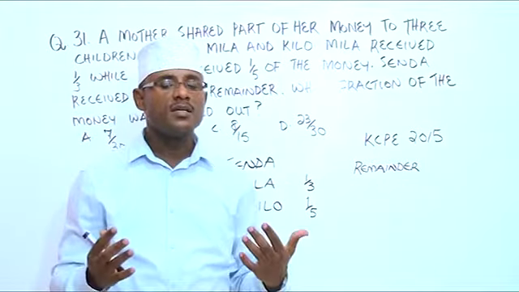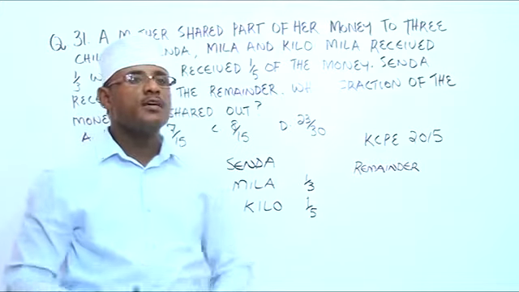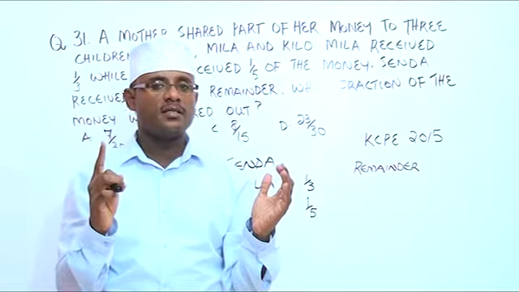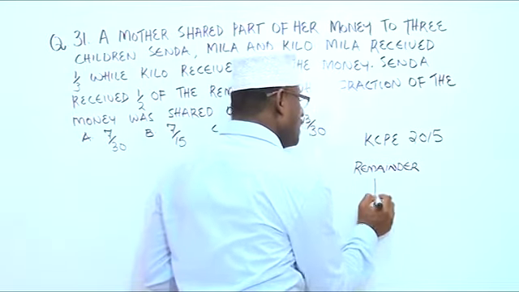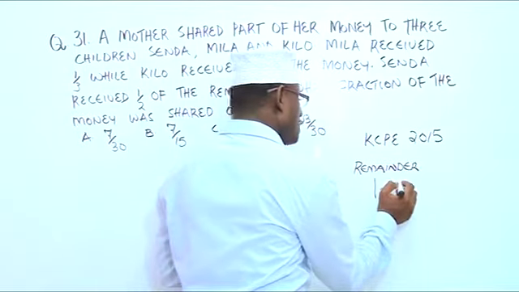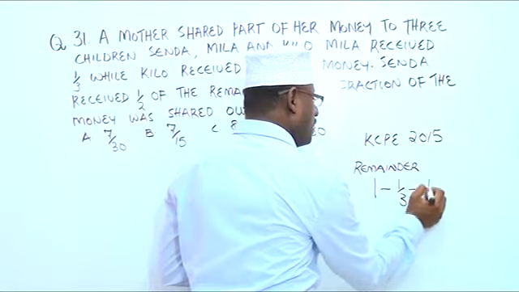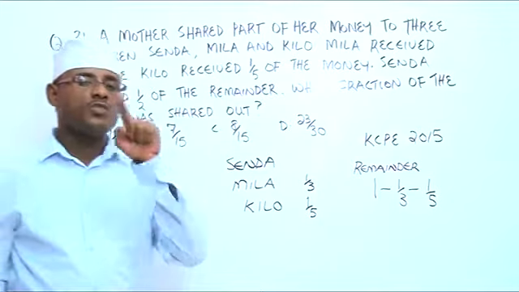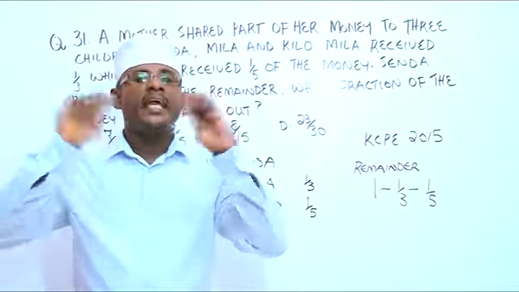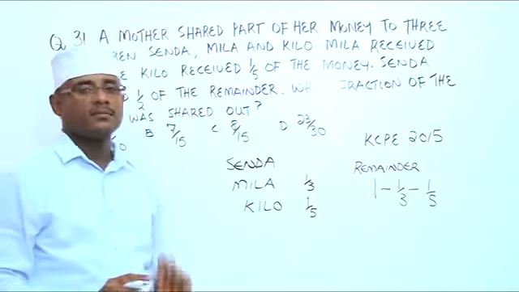So what you do is you say from the 1 whole thing, 1 full amount less what you have given out, 1/3, less what you have given out, 1/5. Whatever answer you're going to get, that will be the remainder after giving out to Kilo and Mila.